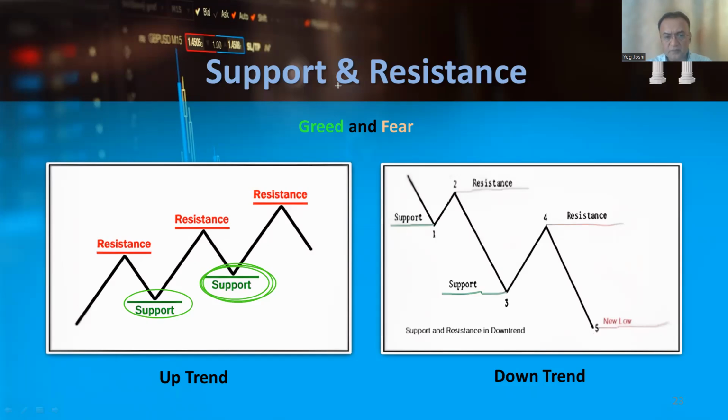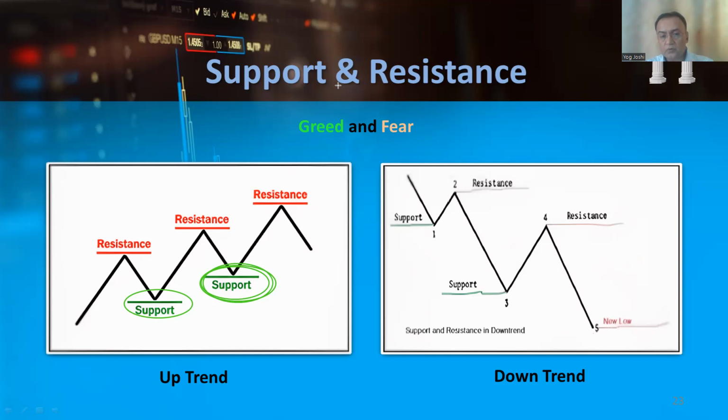Yes, perfect word, Kapilji. In gold, you say the demand zone and the supply zone is the same as support and resistance, or how to describe? Not exactly. Demand zone and supply zone are different, but gold is currently trading sideways. It is getting support from a support zone, and getting supply from the resistance zone.